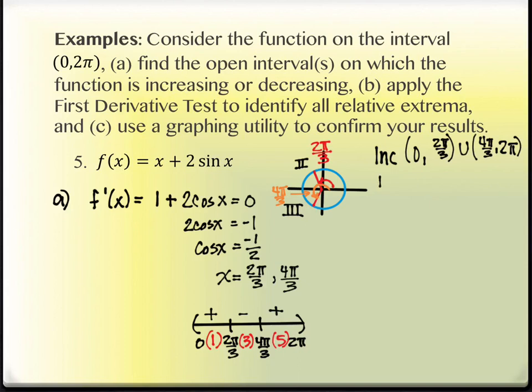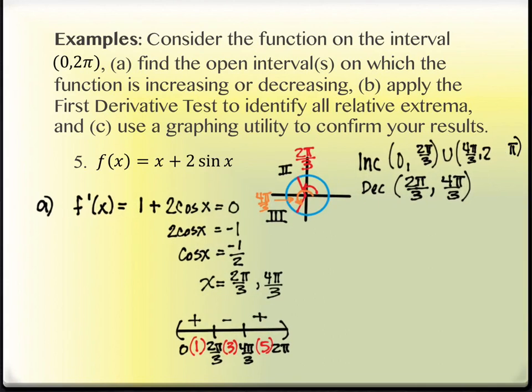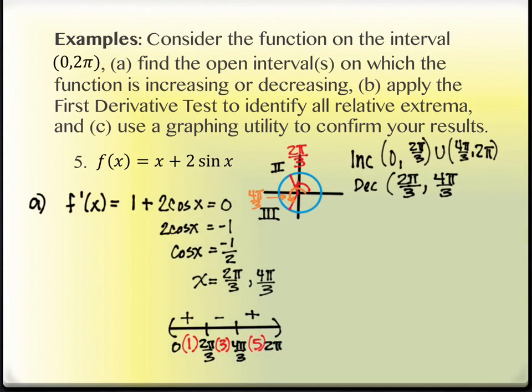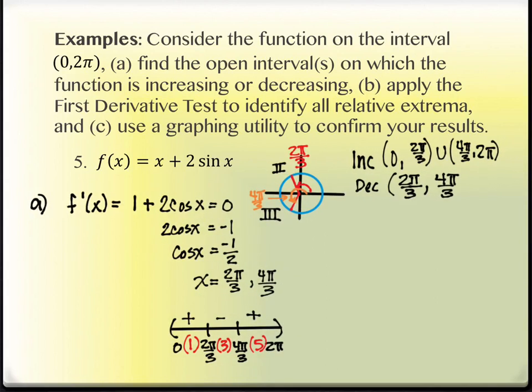And then it's decreasing in between. So 2 pi over 3 to 4 pi over 3. Look, I haven't utilized my screen very well on this one, sorry.